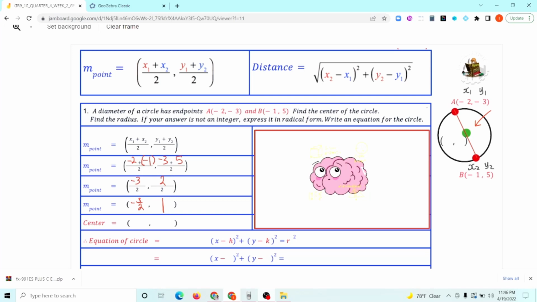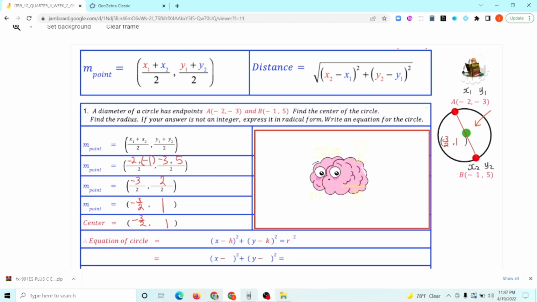So the center, the green point right there, has the coordinates of -3/2 and 1. So that's my center right there. So far so good.